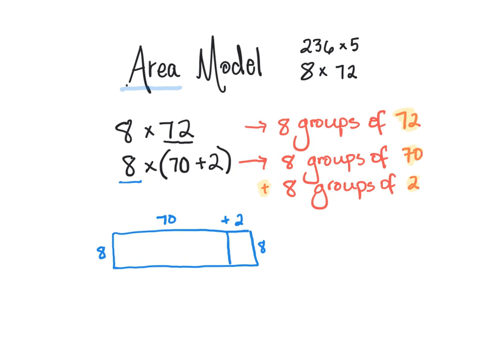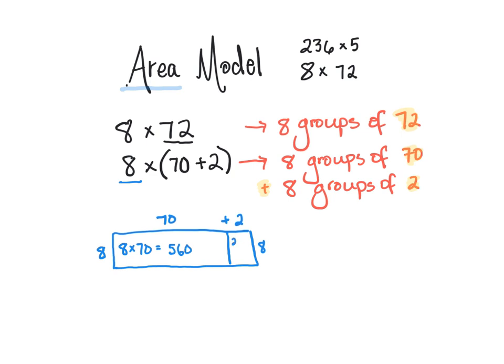And now I'm going to go ahead and multiply. I'm going to solve for area. 8 times 70 equals, well, I can do the associative property here. 8 times 7 times 10. 8 times 7 is 56. 56 times 10, okay, I have 56 groups of 10, which is 560.